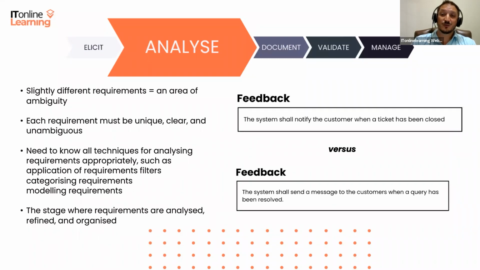So we can say that there are numerous reasons why requirements can go wrong and why there needs to be a stage of requirements analysis. An analyst needs to know all the techniques for analyzing requirements appropriately, such as the application of requirements filters. Requirements filters will eliminate a range of problems with requirements. So the requirements that we've initially stated, we'll then look at each of them using these filters to see if potentially the requirement has been incorrectly stated.